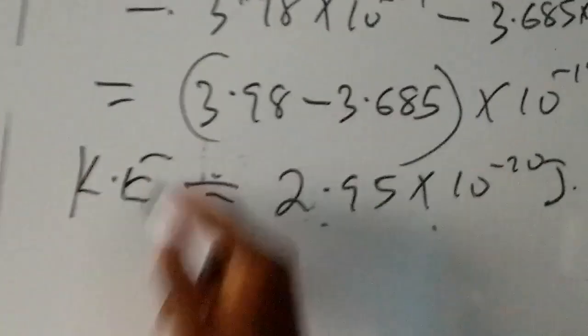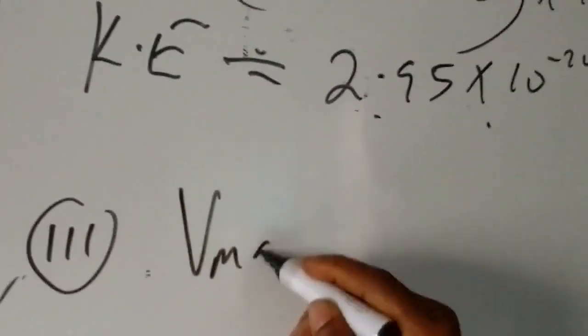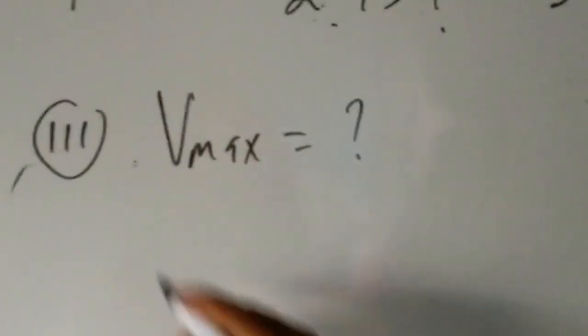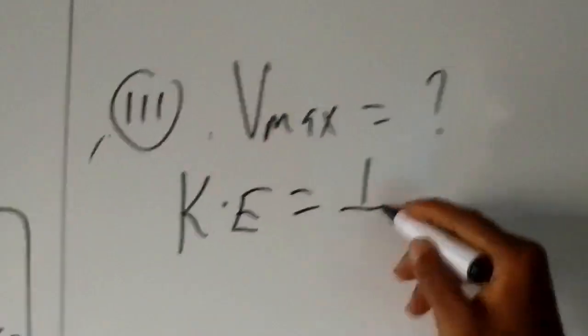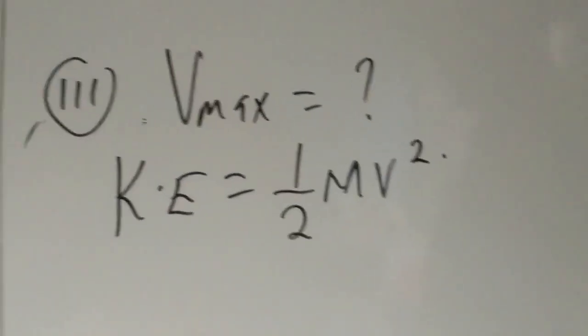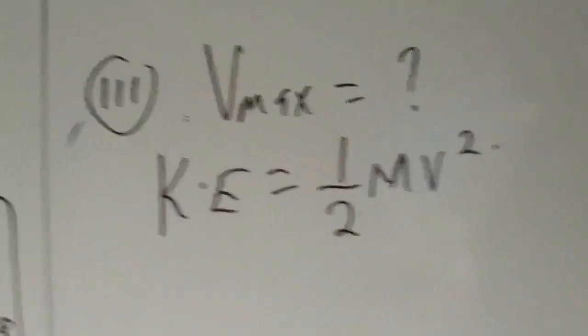Now, in question 2, we got the kinetic energy of the electrons. We're now looking for the velocity of the photoelectrons. How do we get that? We know that kinetic energy in physics is half the mass times the square of velocity. So make the velocity the subject by cross multiplying.